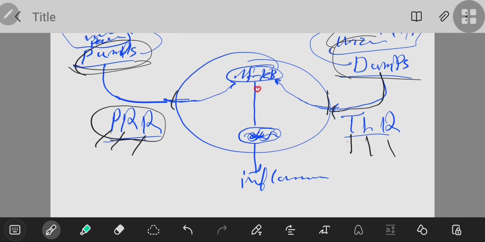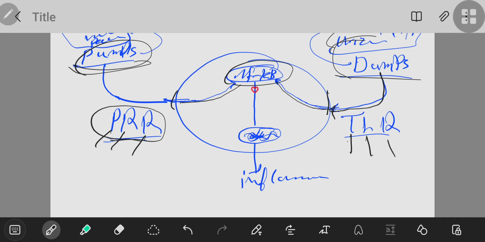Anyway, in the cell, there is something called NF-κB in its inactive form. It's like sleeping. When the dumps enter through the TLR receptor, and the bombs through the PRR receptors, they wake the NF-κB up. Like, hey, wake up, there is something.